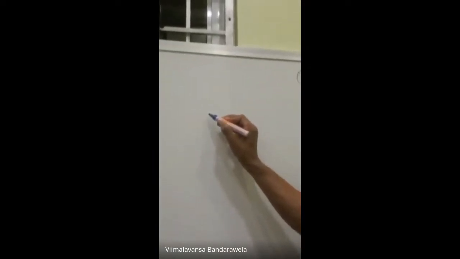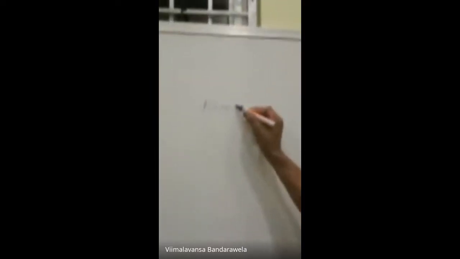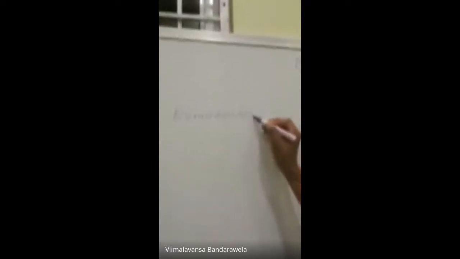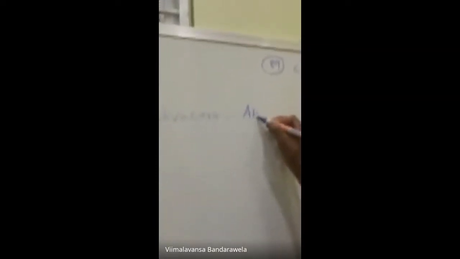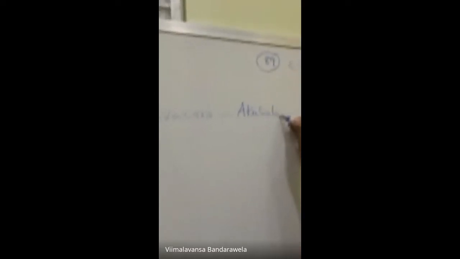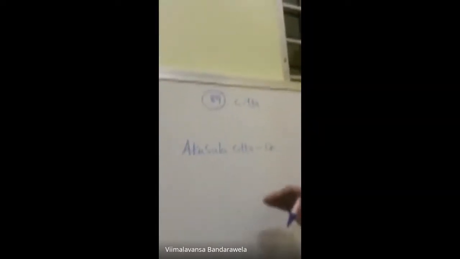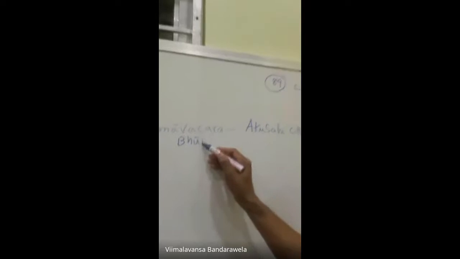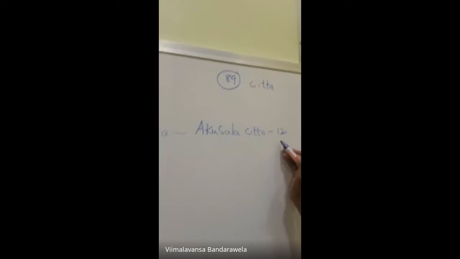In kamavachara consciousness, you have akusala, akusala chitta, 12. You have 12 akusala chitta. We discussed this, and we will discuss it. In kamavachara bhumi you have 12 akusala consciousness.